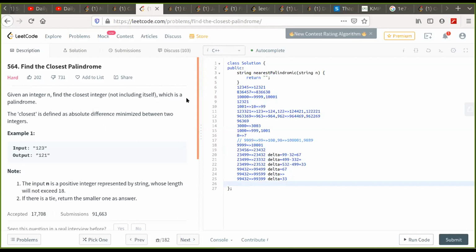But I still have one doubt. I think we discussed 4 cases. What is the 5th one? First one was 10001. Second was the 99 case, when you want to go down. So n plus 1 and minus 1. Yeah, there are 2. And then the third case was the base case, mentioned in the beginning, where you just mirror the left part to the right part and you get the best solution.